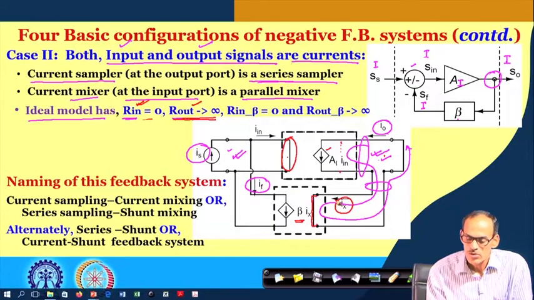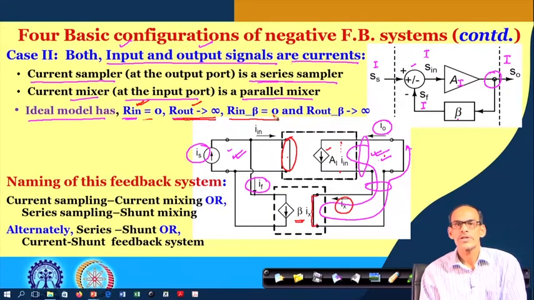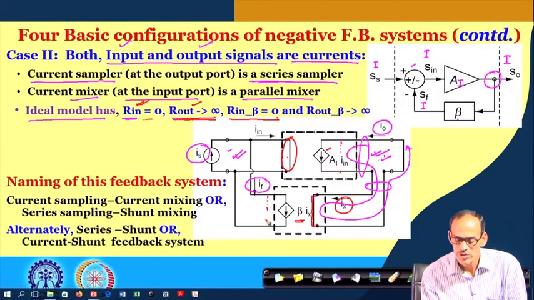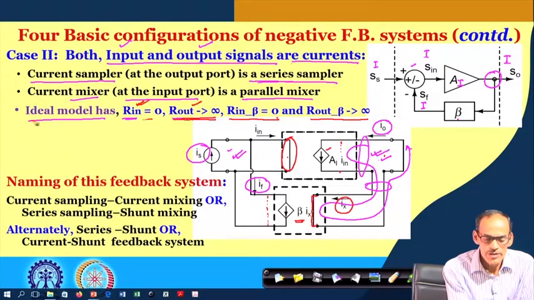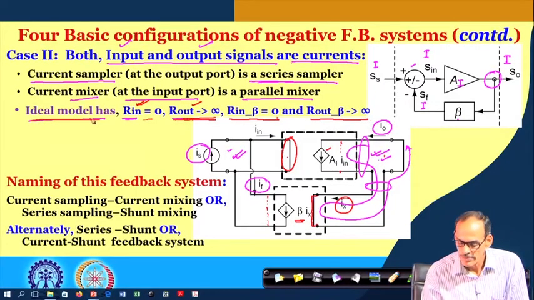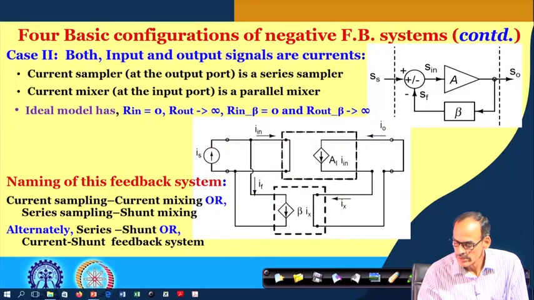So, R in beta, the input resistance of the feedback network, we want this to be 0, and the output conductance of this current source of the Norton equivalent model should be 0, or we can say output resistance is infinite. So, this is the ideal situation.